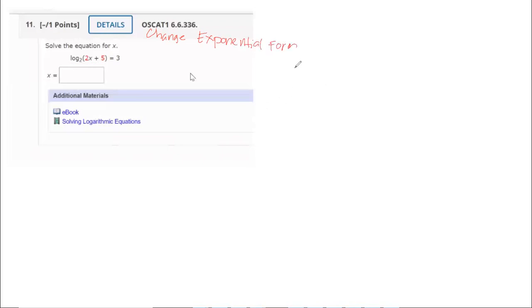I'm going to give you a different example similar to that. Log 5 of 3x plus 2 equals 3. If you want to change this to exponential, you start with the base, so that's 5 to the power of 3: base, exponent, equals the argument, 3x plus 2.